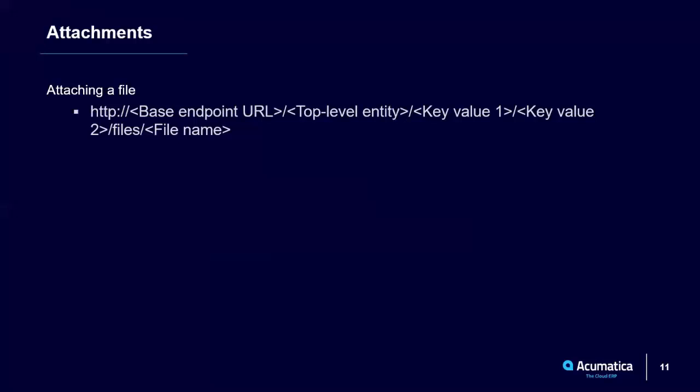Now, in order to deal with file attachments, in order to attach a file, we have our base endpoint URL that I'll be displaying a bit later. The top level entity, in our case could be sales order. We have our first key value, our second key value.